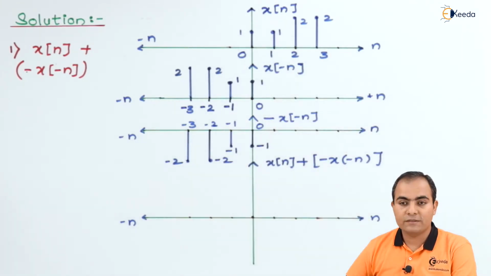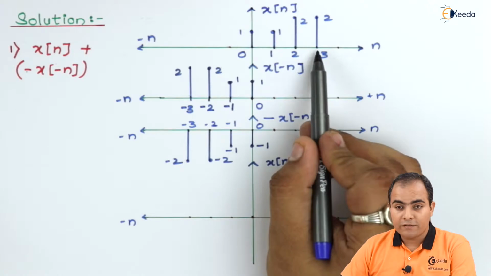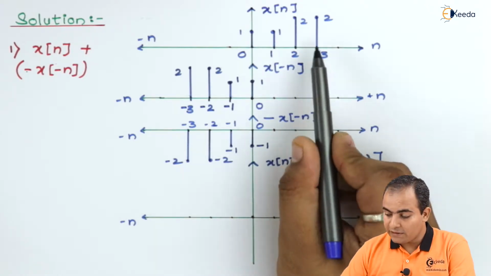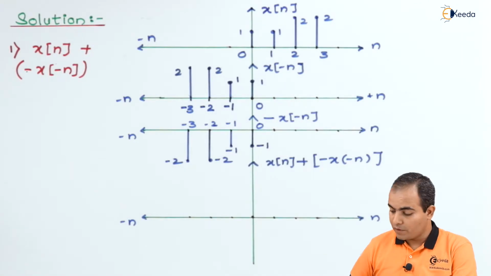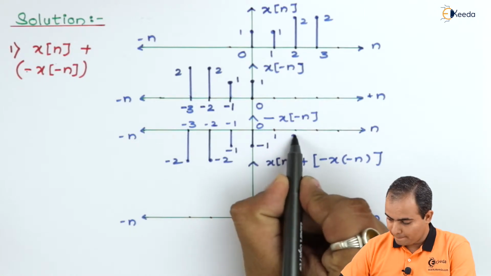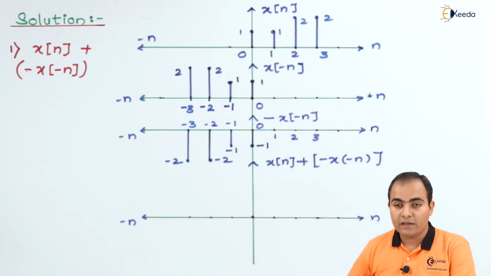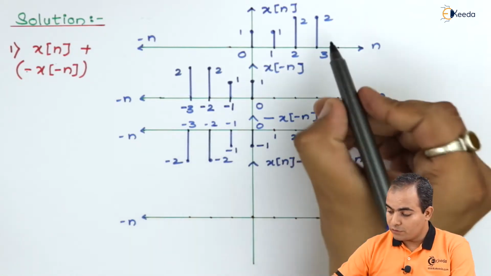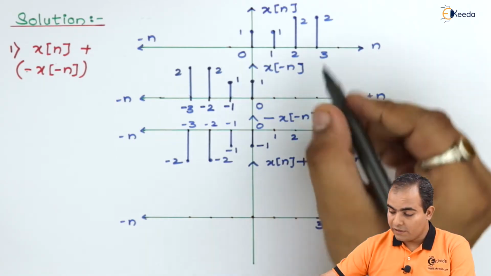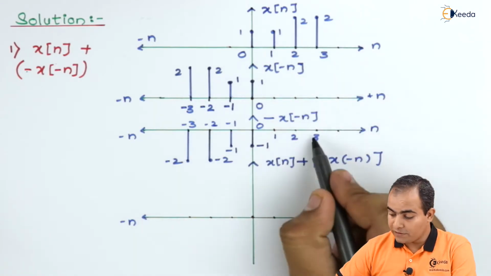these two results. So look at here, we will start from the rightmost bit or rightmost sample. Now here at 3 amplitude is 2, but look at here, at 3 amplitude is 0. So can I say at 3 here amplitude is 2 and here amplitude is 0.